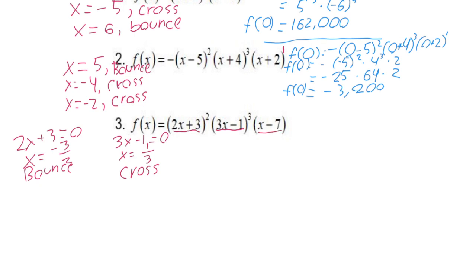Lastly, x minus 7. That looks more like what we're used to seeing. X minus 7 equals 0. Therefore, x equals 7. The exponent here is 1, so it's going to cross over.